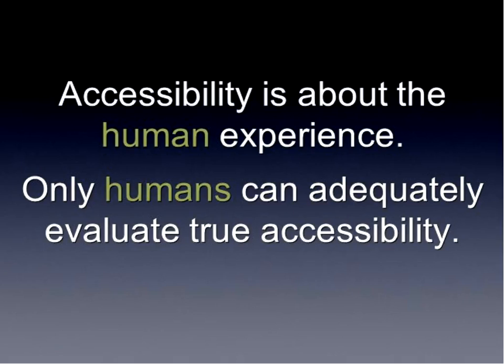When we consider accessibility guidelines, computers can really only check a very small portion of those. In fact, I'm not sure how many WCAG, the Web Content Accessibility Guidelines, level A or level AA success criteria there are. Probably 30, something like that.